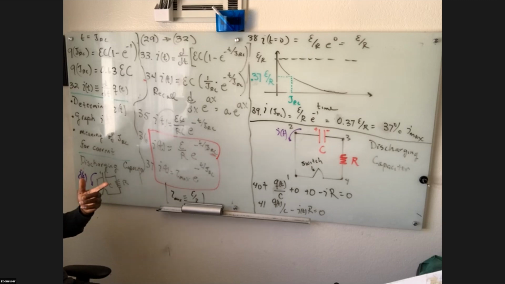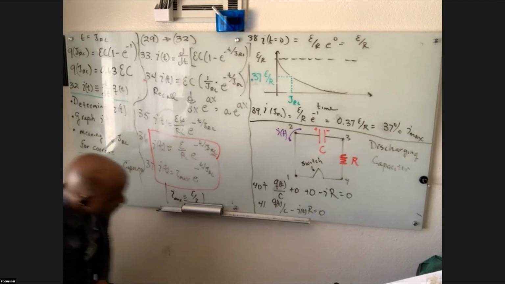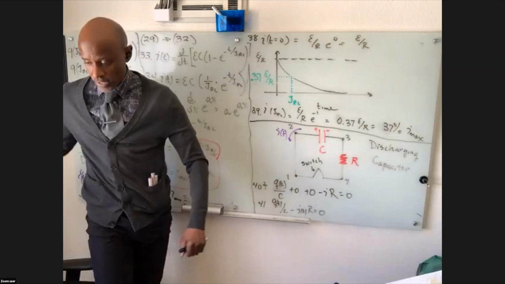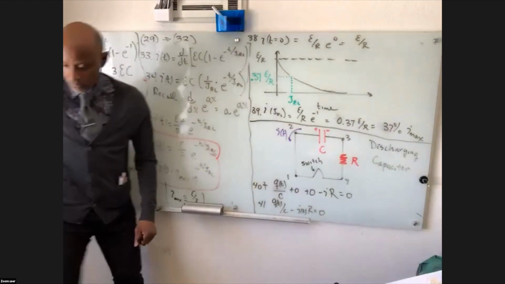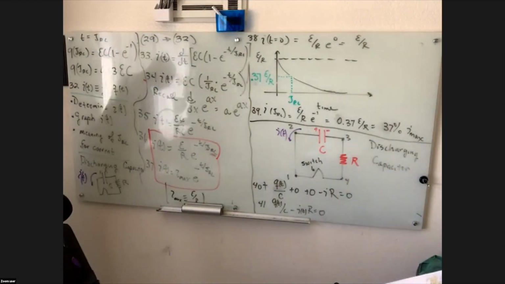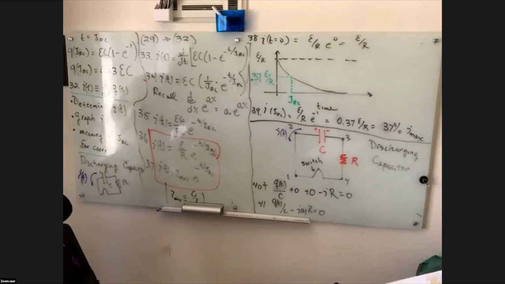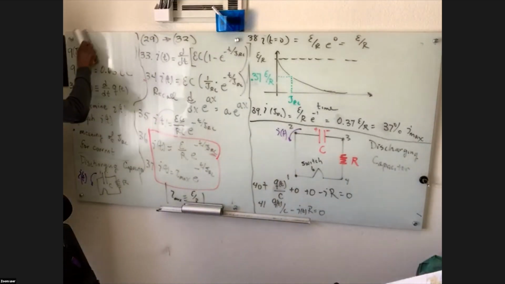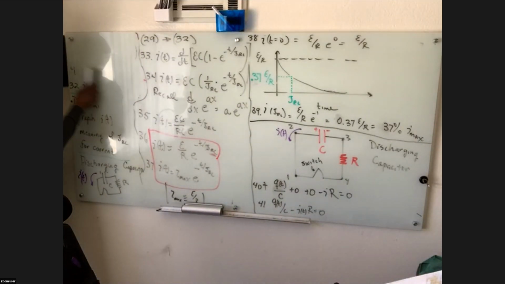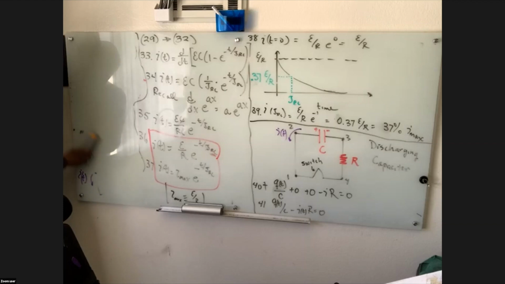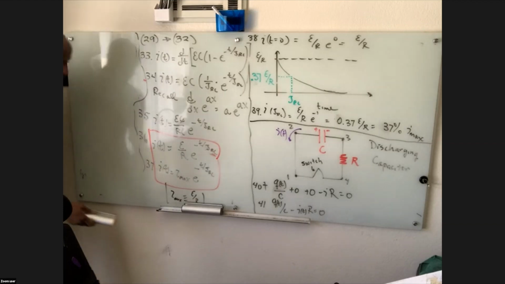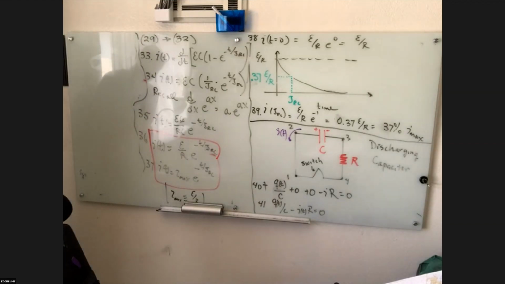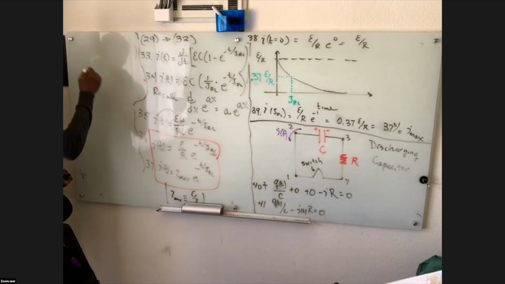And remember that the definition of current is that I of t is equal to dq dt, right? But here we have a little bit of an issue that we still have to deal with, and it has to do with sign convention. So let me show you what I mean.